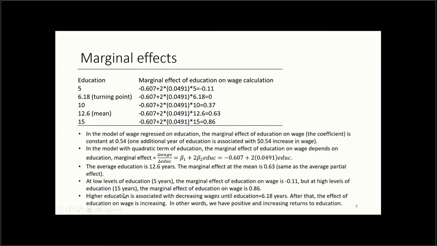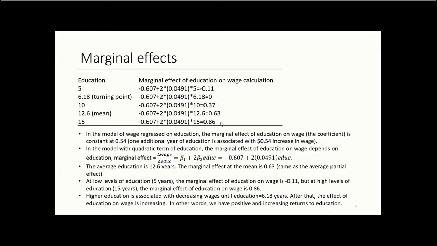So at low levels of education, let's say 5 years, the marginal effect would be negative, 0.11, but at high levels of education, the marginal effect of education on wage is 0.86. So what we're seeing here is an increasing marginal effect. So higher education would have an even stronger, more positive effect on wages.